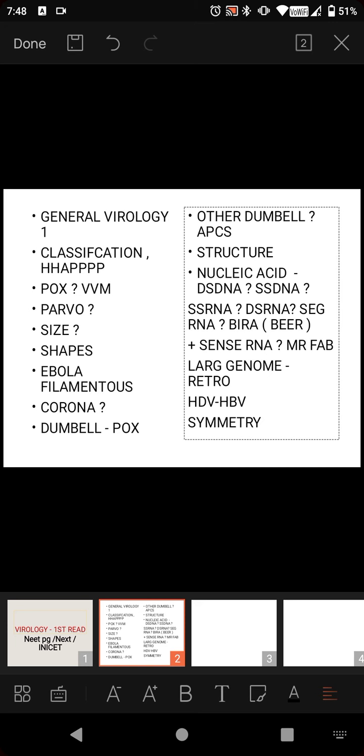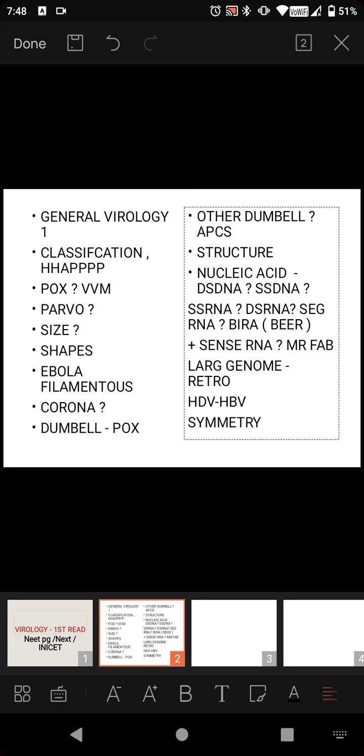Pox is box shaped, so it is a complex shape. Then helical, like the tobacco mosaic virus, a rod shape like a cigar, so it comes in helical loops.